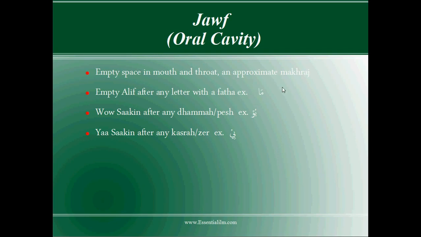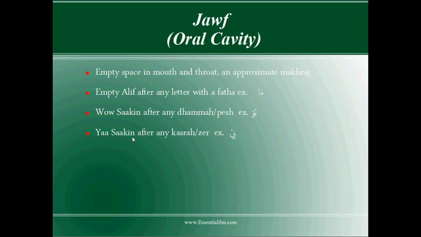These letters don't exactly have a specific place like other letters do. This is approximation. And the other is waw sakin after any dhamma. So here we have a waw sakin, and before it we have a dhamma. Boo. The oo sound, that's from the jawf.